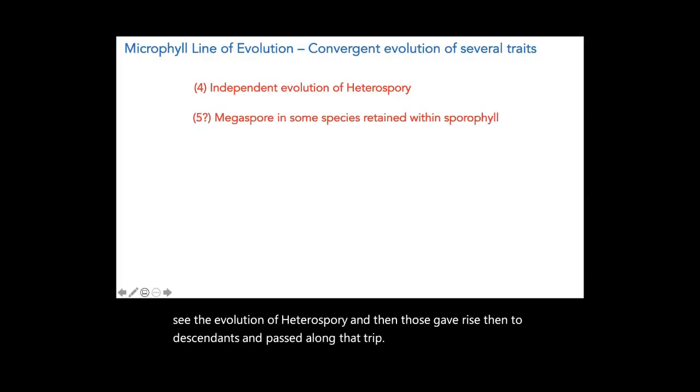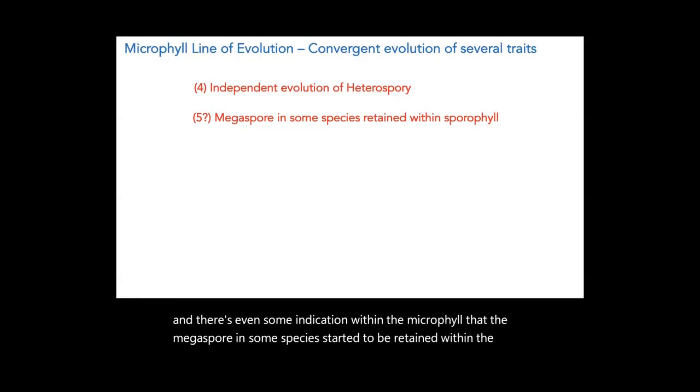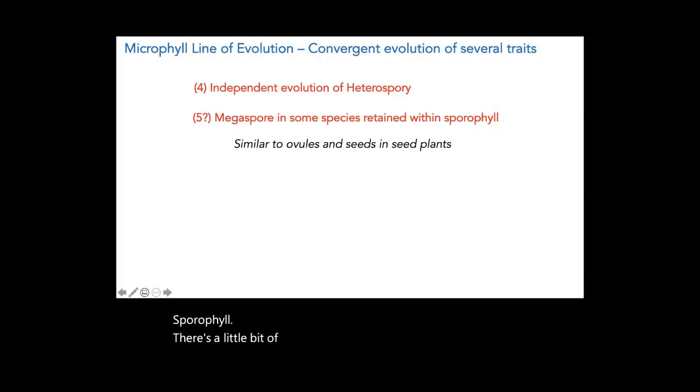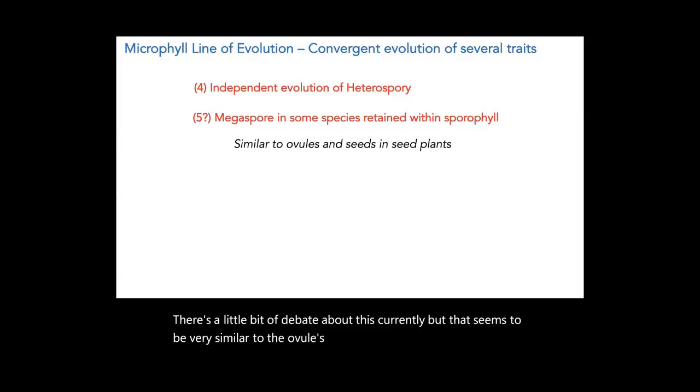Convergent evolution. And there's even some indication within the microphylls that the megaspore in some species started to be retained within the sporophyll. There's a little bit of debate about this currently, but that seems to be very similar to the ovules in seed plants, right?